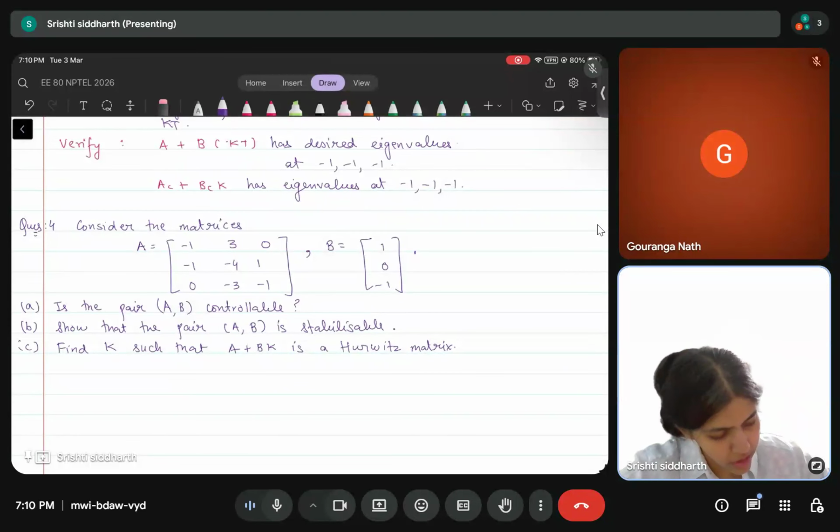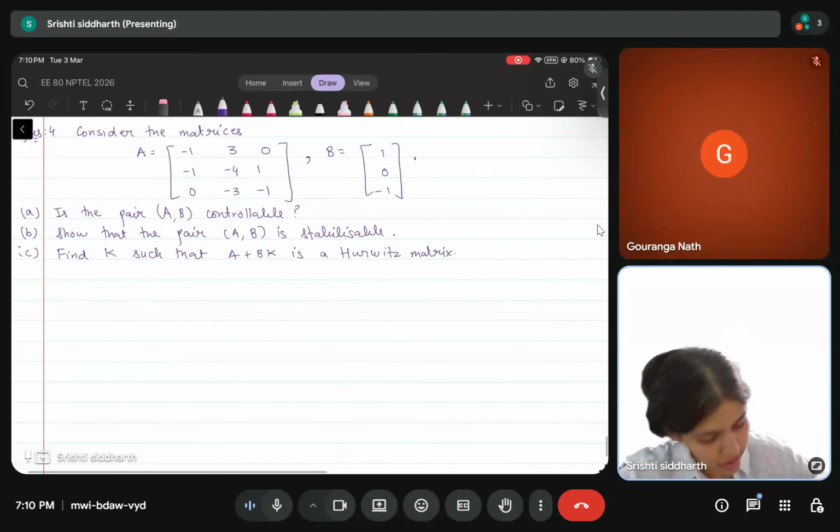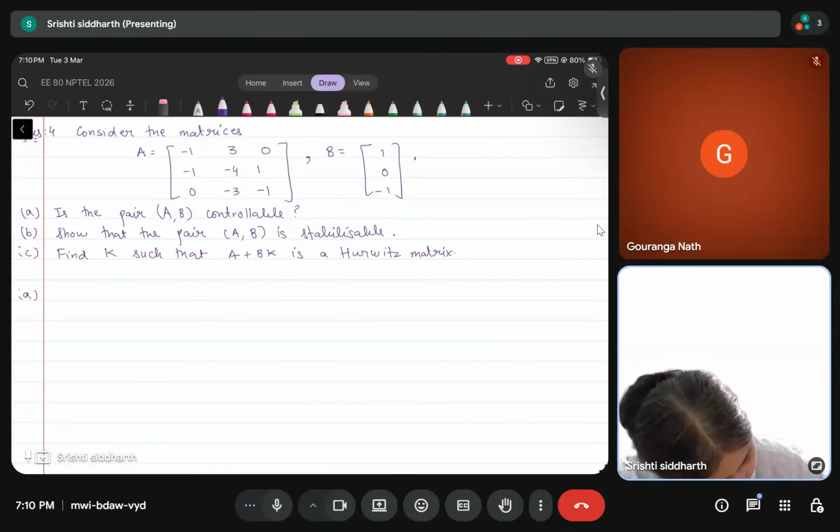Okay, so for this we just need to find the controllability matrix, right? So let's do that.